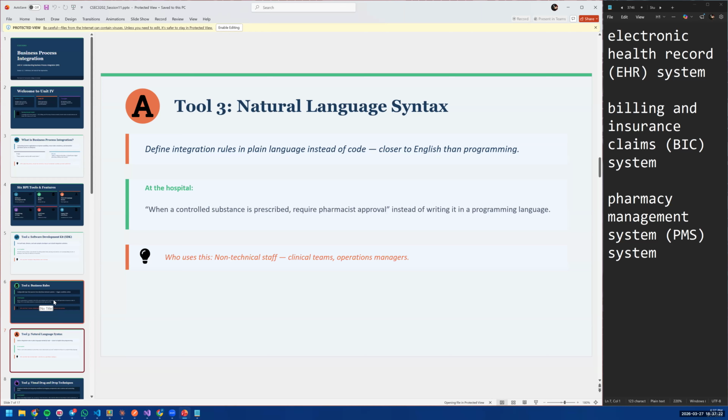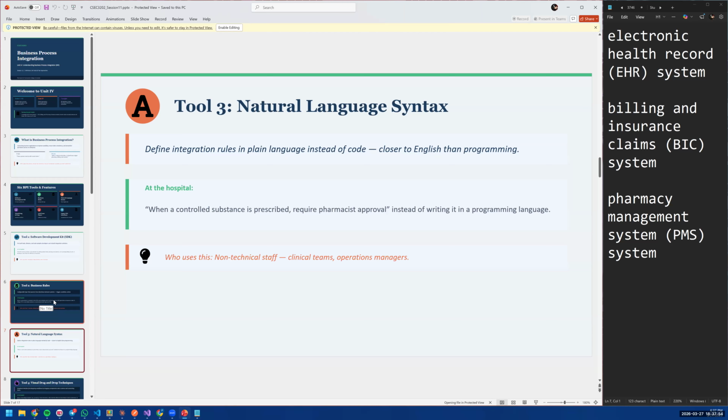Instead of writing a programming statement like if prescription type equals controlled, then require approval, you'd write something closer to spoken language, like: when a controlled substance is prescribed, require pharmacist approval. Your system would then be able to understand and interpret that as a business rule.